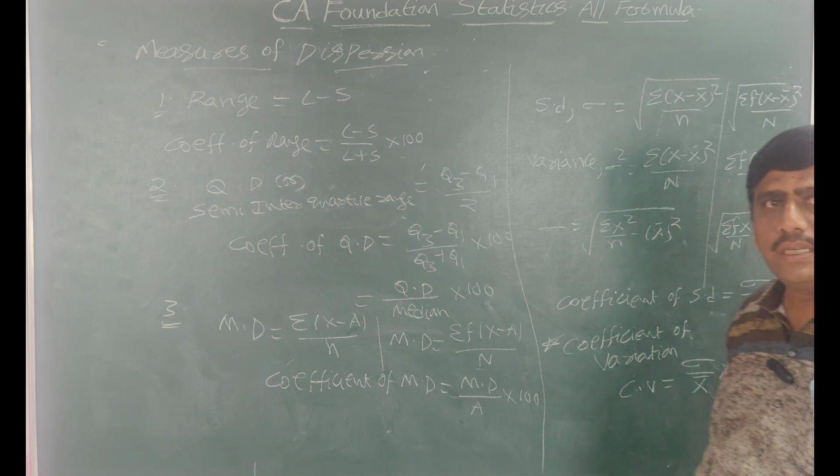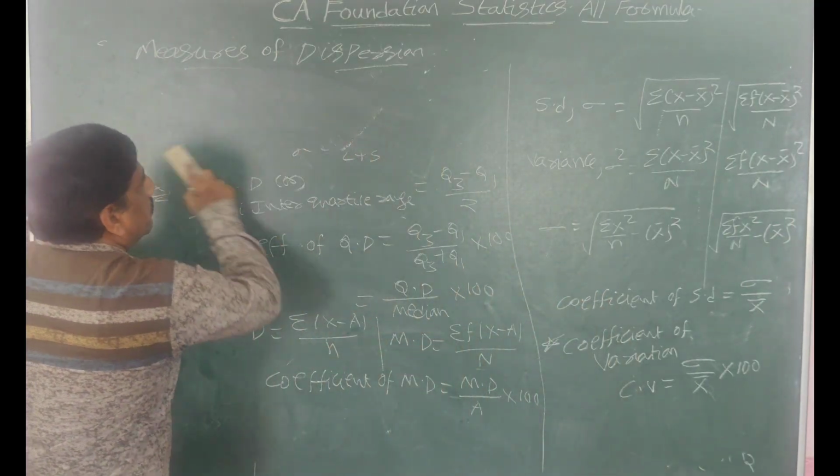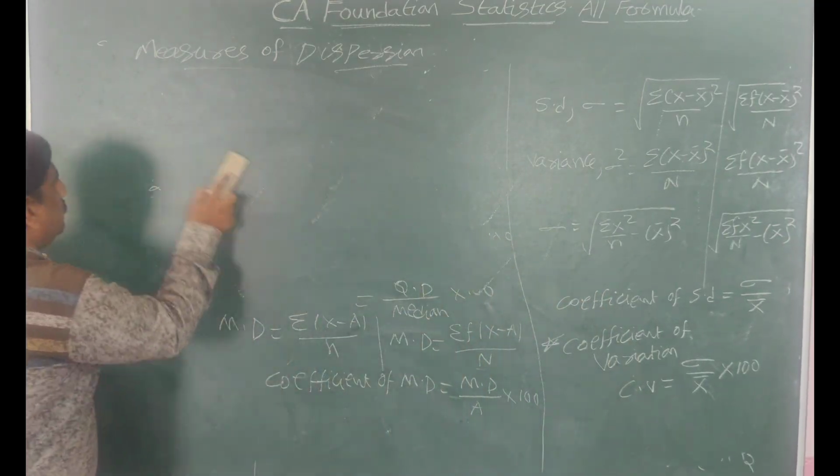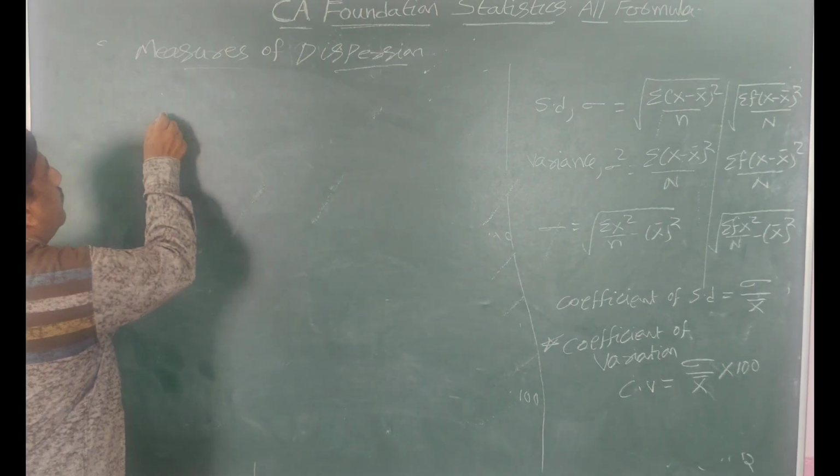So after this, we have another formula, combined SD. Combined AM, combined GM, combined HM, and now combined SD.